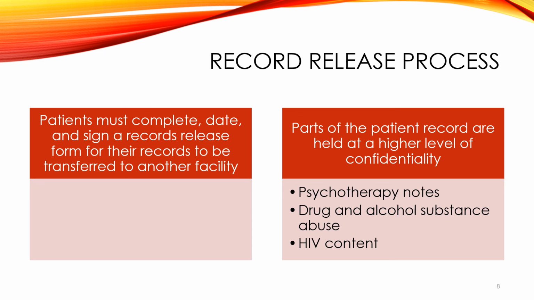Therefore, you're going to see release forms that include a separate area where patients must give additional permission for this information to be released. If they do not, this information must be separated from the record before it is transferred to another facility.